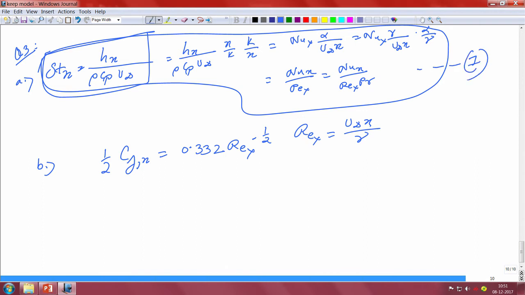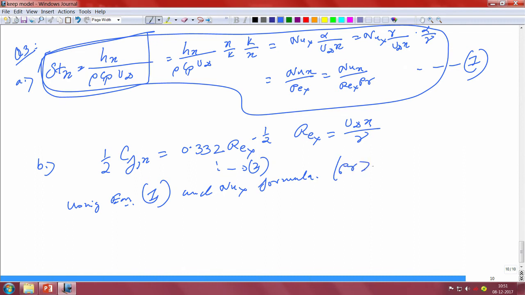Okay. So, using equation 1, and the NUX formula for Prandtl number greater than about 0.5, we get Stanton number x Prandtl number 2/3 is equal to Nusselt number x Reynolds number x Prandtl number 2/3.